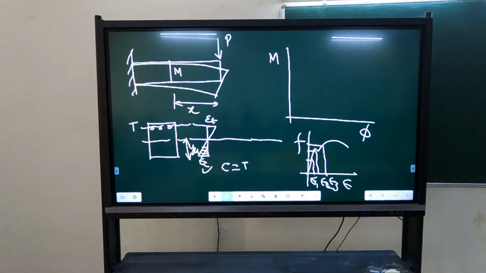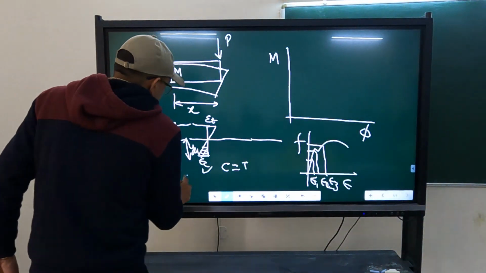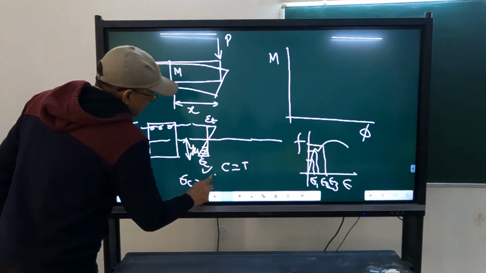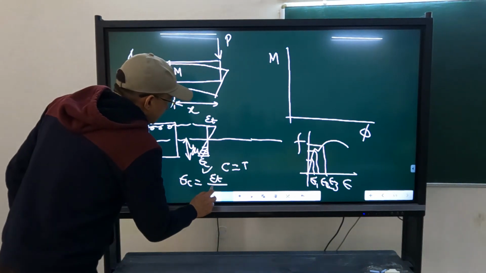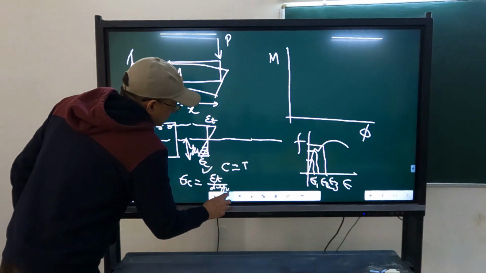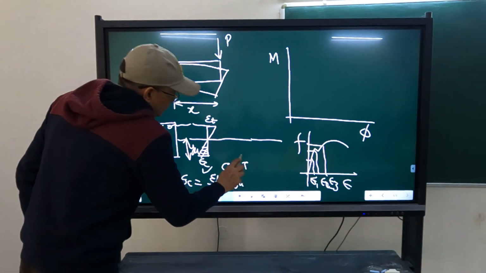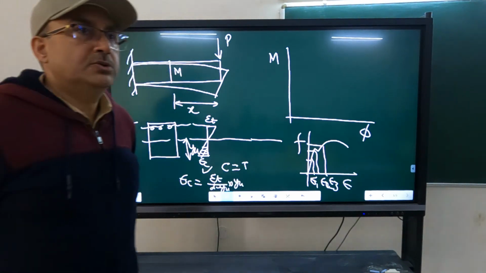From the strain in steel and the depth of the neutral axis, I will draw a straight line and I can calculate epsilon c as nothing but epsilon t divided by d minus yu into yu.